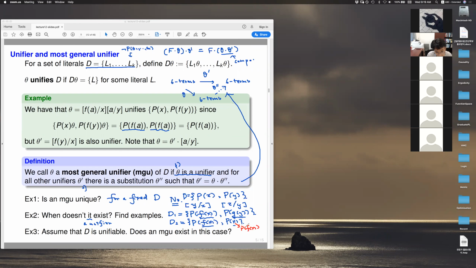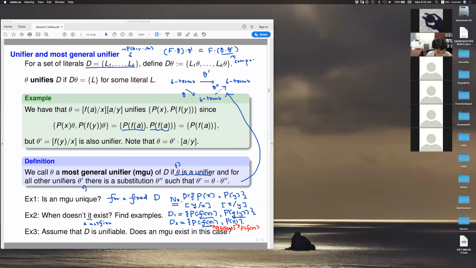It looks like it's getting closer to the one on the left-hand side, but the left-hand side becomes even longer. It becomes f of f of x. This pattern will continue. Whatever substitution you think about for x by the sigma terms that we talked about so far, you will never make them equal. If you extend the language by allowing infinite terms, then we can make them equal, but that's not what we are talking about. For finite terms, you will never be able to make them equal. So this is another typical example.